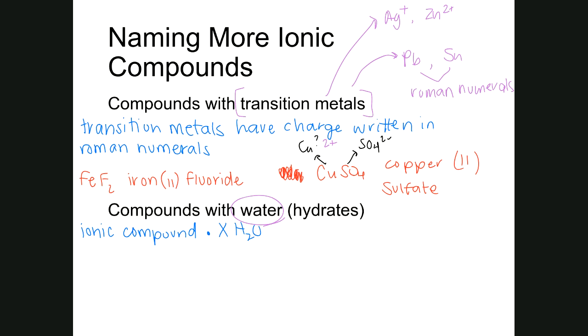When you're naming it, you name the ionic compound as you normally would. X is going to be some Greek prefix, and then when we're looking at H2O, we say hydrate.